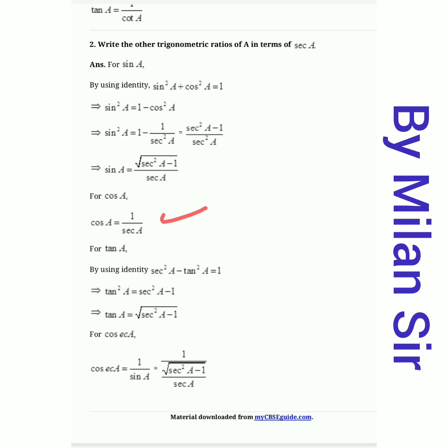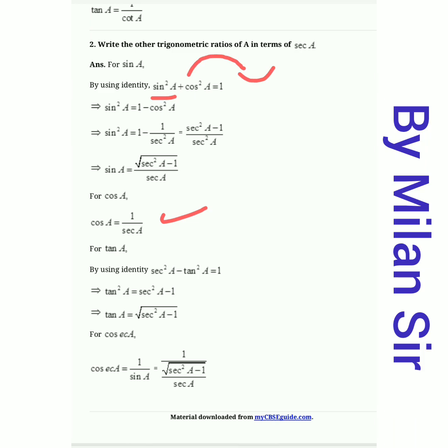Now for sin A, use the identity sin square A plus cos square A is equal to 1 and convert cos into sec. First of all, here we are trying to find sin square A. So transfer cos square A to the right hand side.